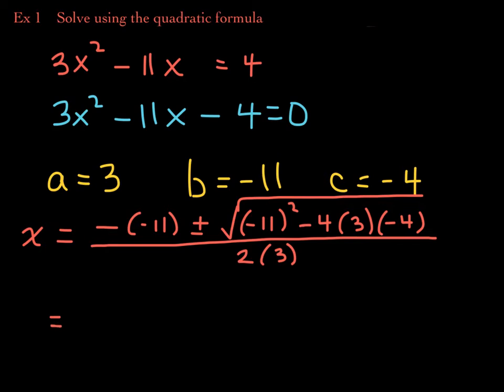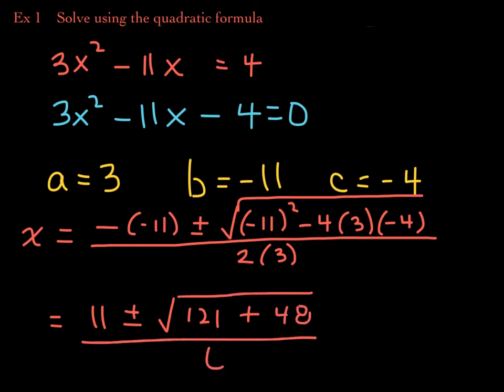So you're getting positive 11 out front, plus or minus the square root of negative 11 squared, which is 121. Plus, I always count my signs. So 1, 2, right? 1 for this term here, 1, 2 negatives will give me a positive. And then 4 times 3 is 12, 12 times 4 is 48. All of this over 6.